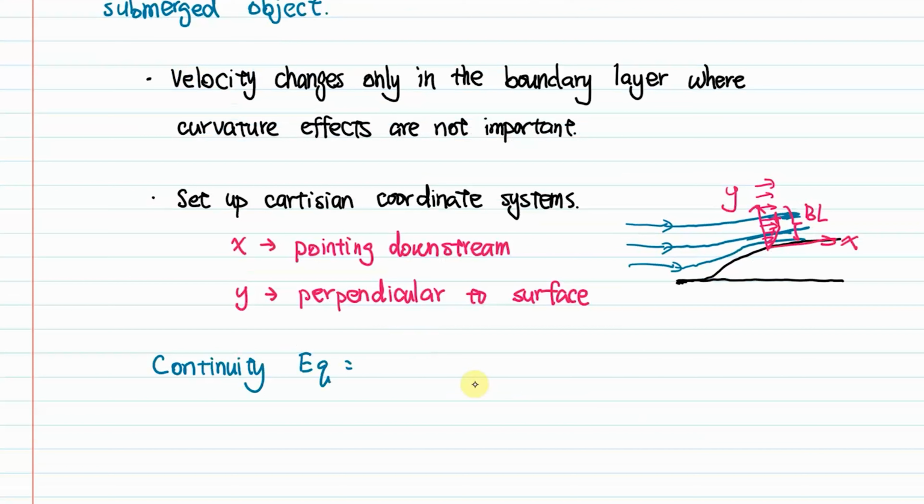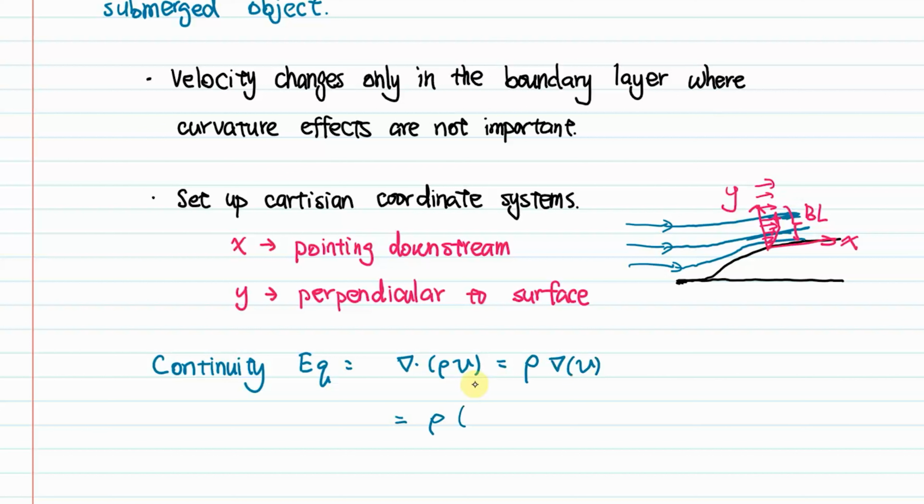So, let's just start from the beginning. We know that the gradient of rho v for a constant density problem, we'll take out the density as constant, equals that times the gradient of velocity. And because it's a 2D problem, we just need to consider the x and y components.